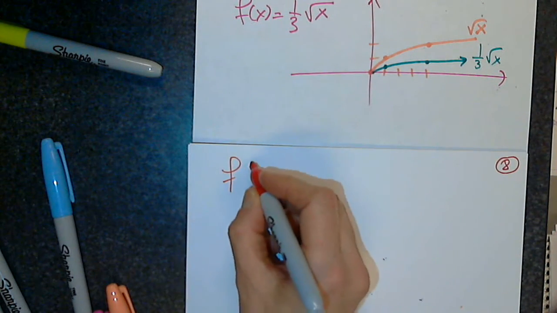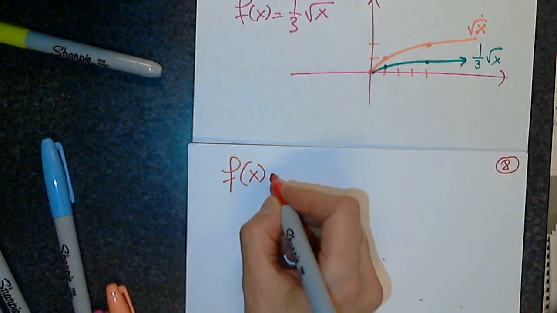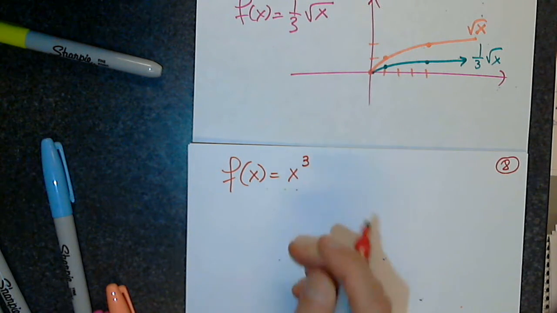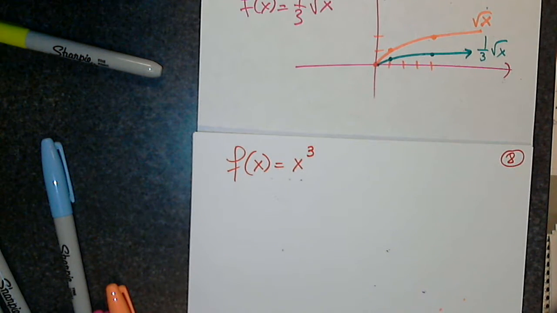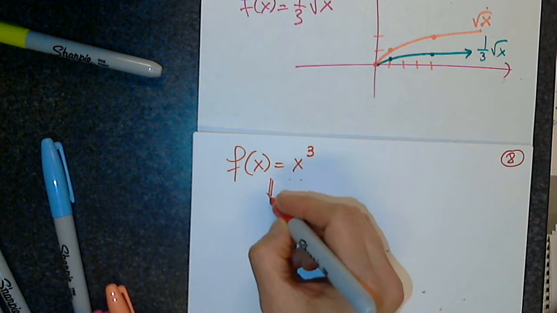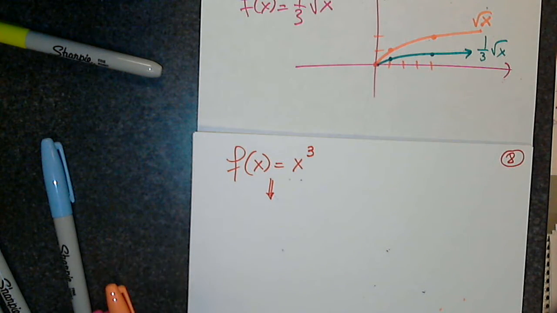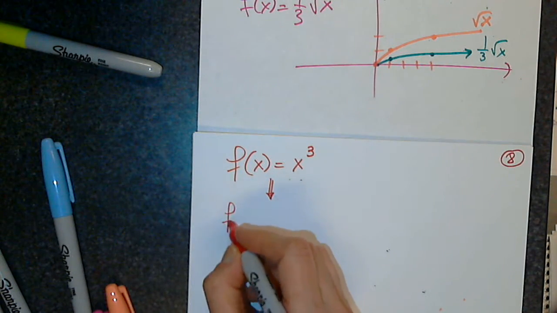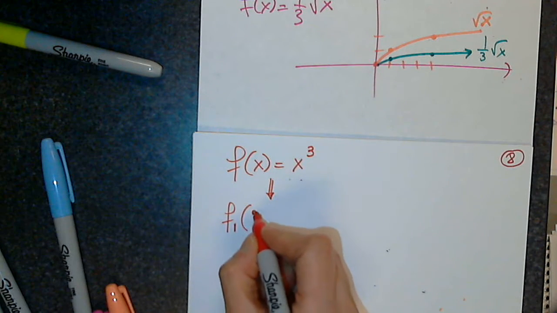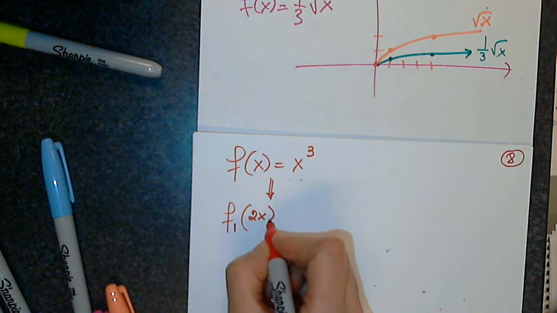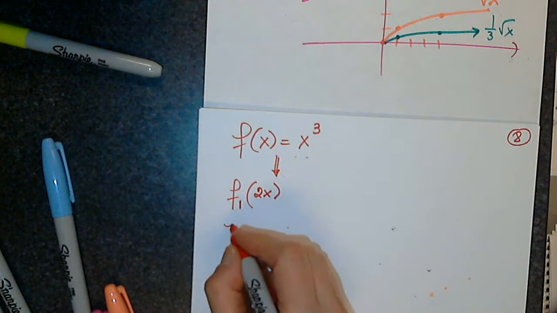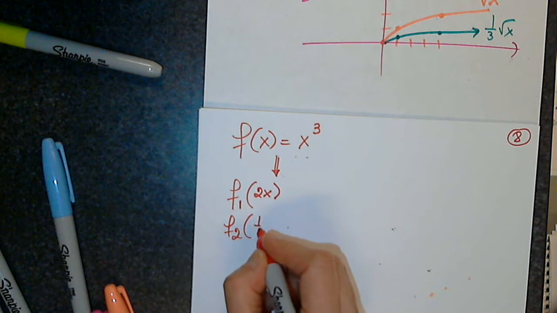I want to look at the function f of x, which is x cubed. And using this function, I would like to create the function f1, twice x, and function f2, 1/2 x.